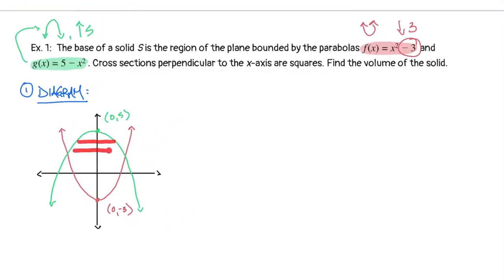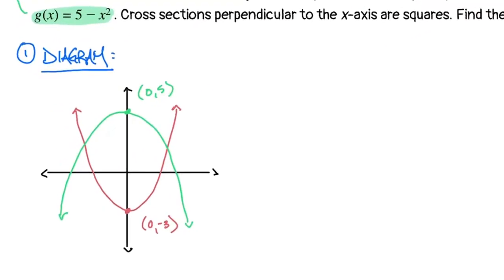If I draw something like this, are those perpendicular to the x-axis? No. Okay, so if I want to draw something perpendicular to the x-axis, I would be drawing lines like this. Does that make sense? I'm going to draw these lines, and then let's go back and see what those lines stand for. Okay.